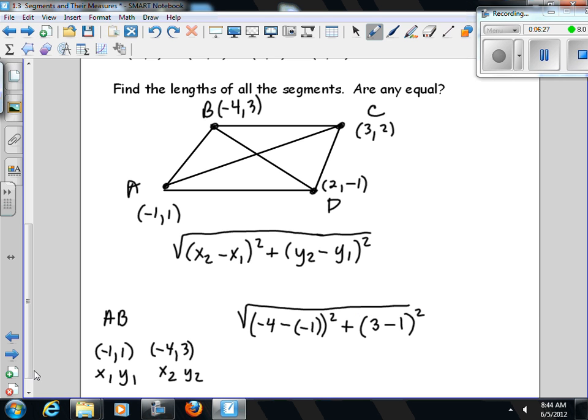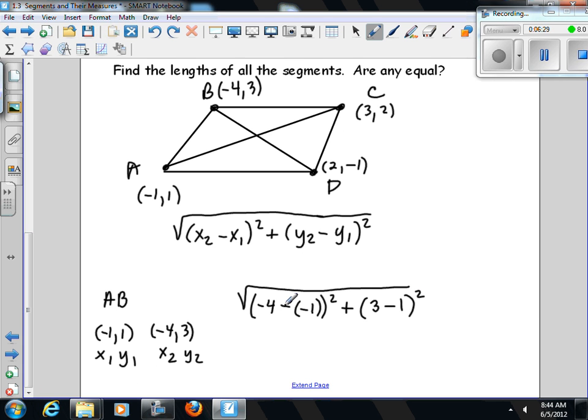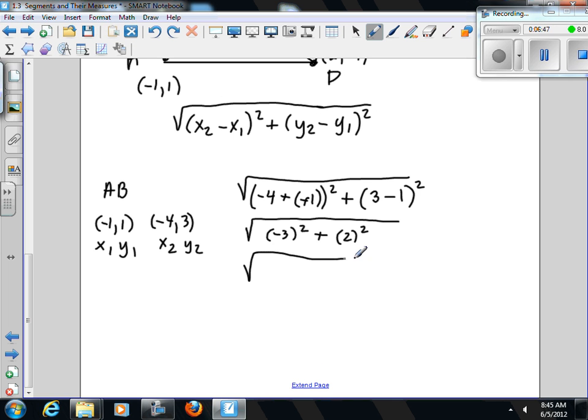Square it. Well, these two negatives make a positive, so this is the same thing as having -4 plus 1, which is -3 squared, plus 3 minus 1, which is 2 squared.